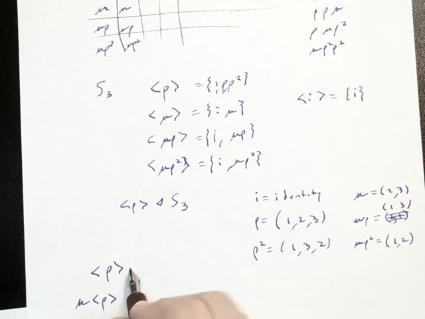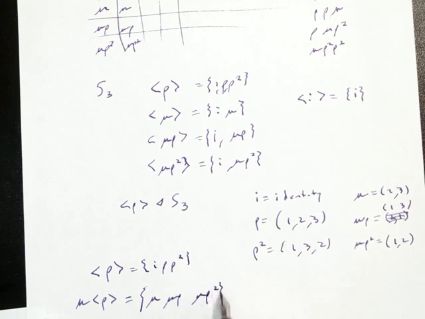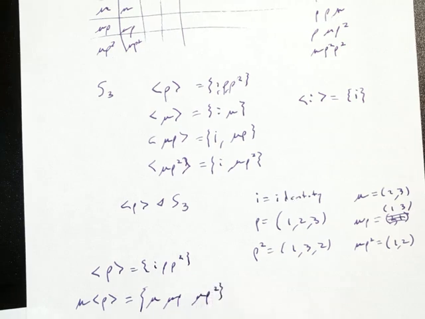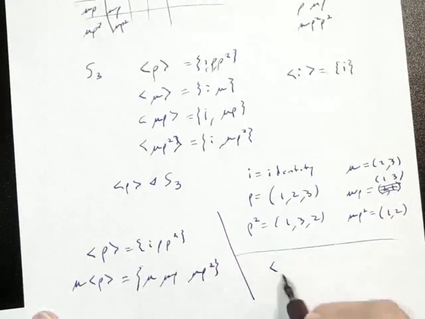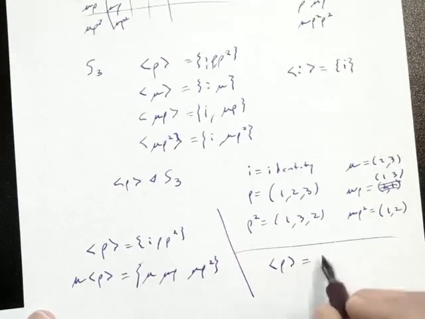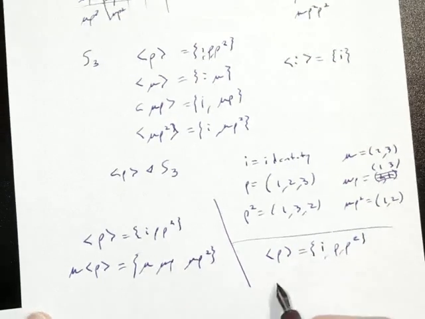So if this is I, rho, rho squared, this must be mu, mu rho, and mu rho squared. And that's everything else, isn't it? Now do the right cosets. I, rho, rho squared.